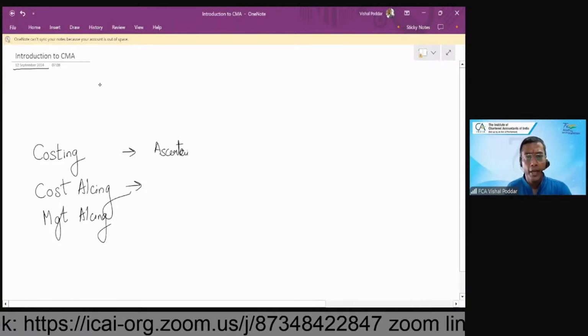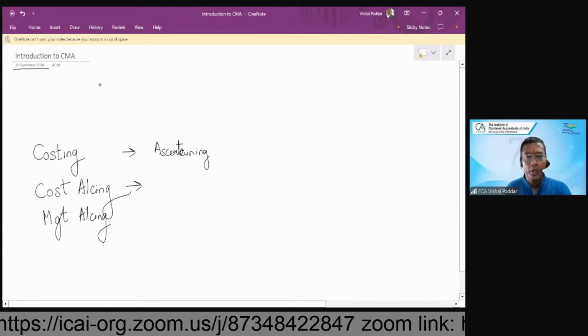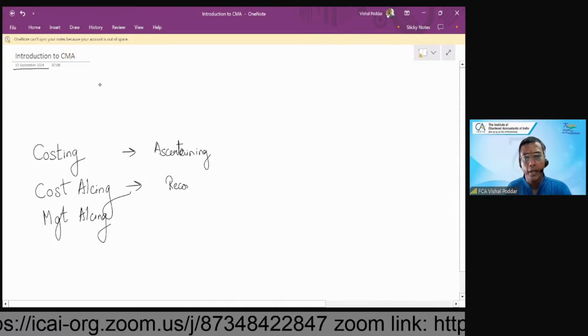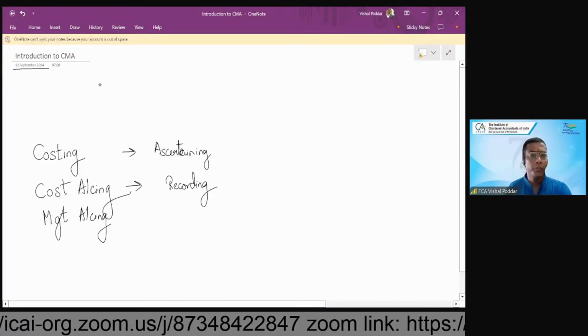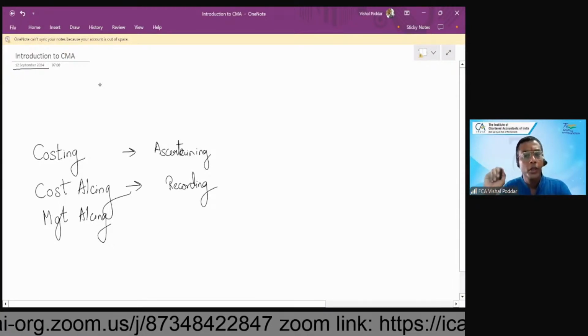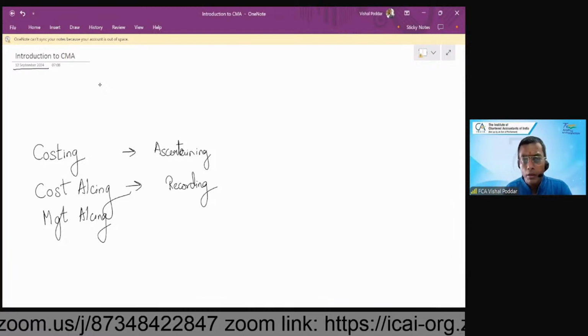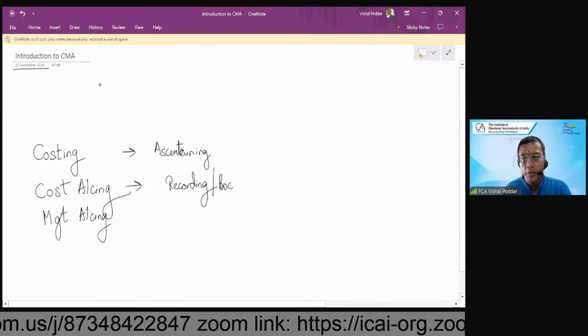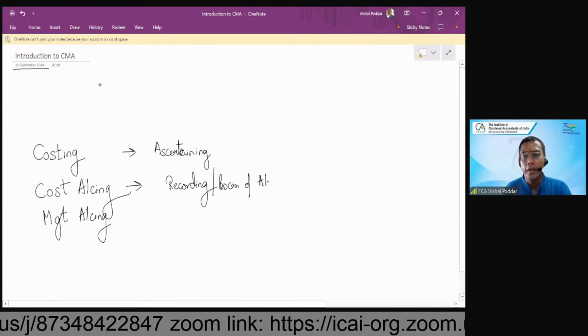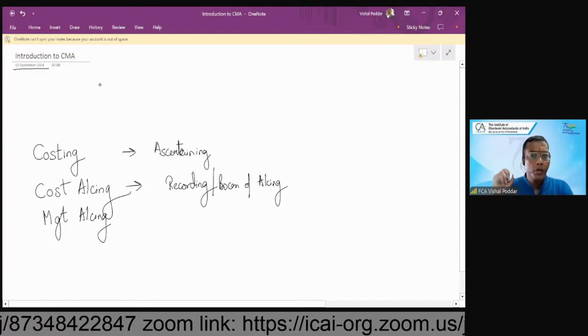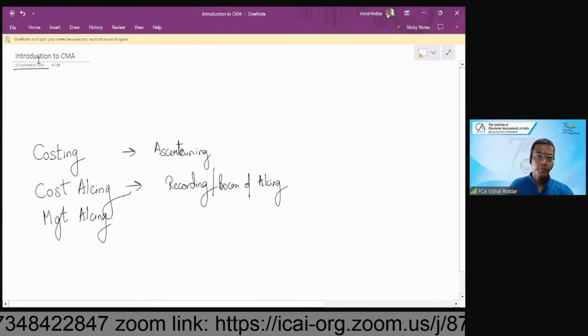So somebody said ascertaining, that is costing. Somebody said recording. Excellent. Anybody else would like to chip in with the meanings of these two? Costing, cost accounting? The process of accounting is done by cost accounting. Okay, so it is the process of accounting. Fine, great. Anybody else? What is costing? What is cost accounting?